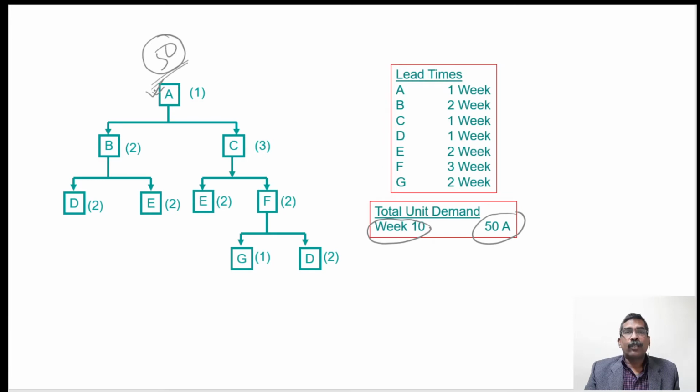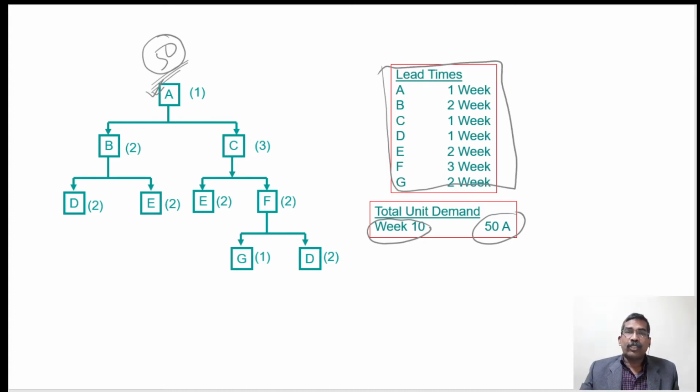Then how to place the order or start the activity for the different components of A, so that we will be able to deliver the 50 components, 50 volume of the item A at the end of the 10th week, and this lead time is already given here, which we have already mentioned in the previous slide also.